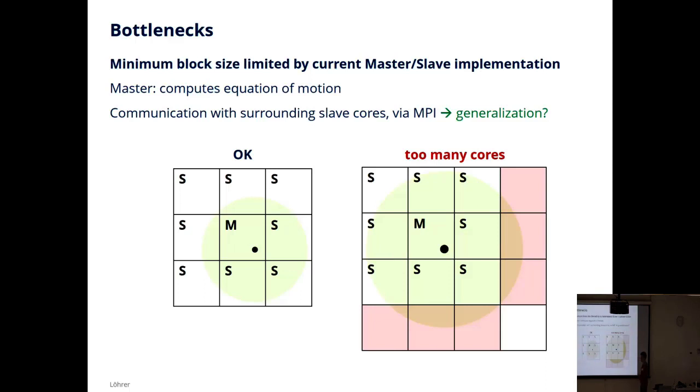That core solves the equation of motion, but that core also has to communicate with the cores corresponding to the surrounding subdomains to exchange data, fluid data and also particle data. And this is currently only implemented for a 3x3x3 core box. Could be extended to more cores, but here too, the question is if this can be generalized using Patsy methods.